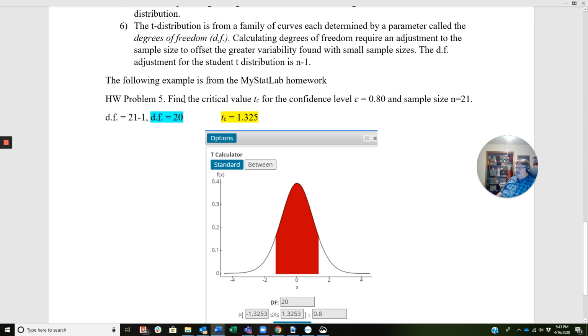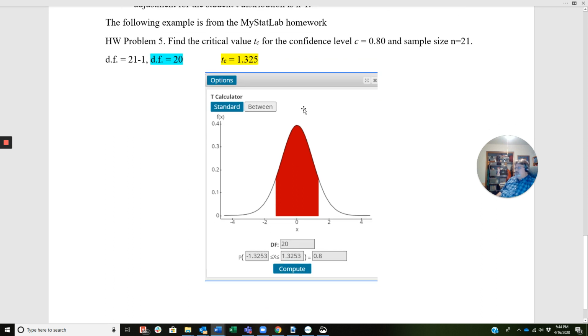This is homework problem 5, and you'll have to do both Z and T critical values on the test. It's find the critical value t for the confidence level c equals 0.8, a sample size n equals 21. Before I jump into StatCrunch, I'm going to make my adjustment over here for the degrees of freedom, the n minus 1. So 21 minus 1, so my degrees of freedom is 20.